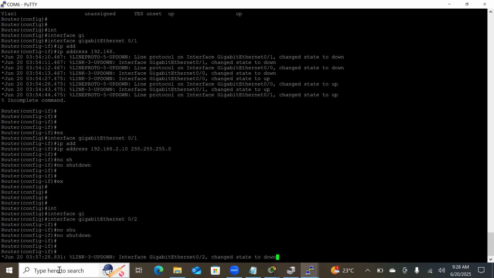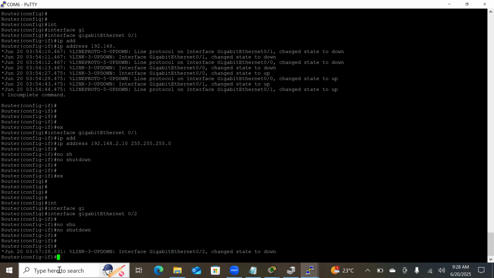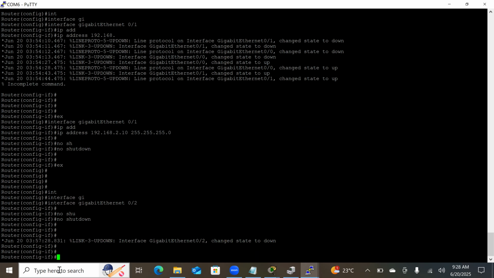Now the cables, you are connected, right? So just give it to me. Remove this one, and connect from here. You just give it to 0/0. One more router, 0/0.